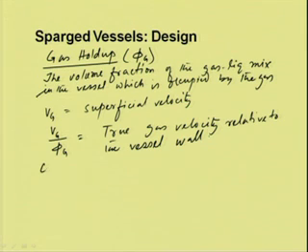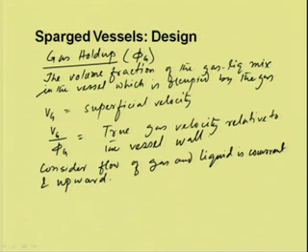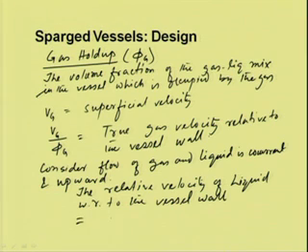Now, if we consider flow of gas and liquid is co-current and upward, then the relative velocity of liquid with respect to the vessel wall can be calculated as V L divided by 1 minus phi g.